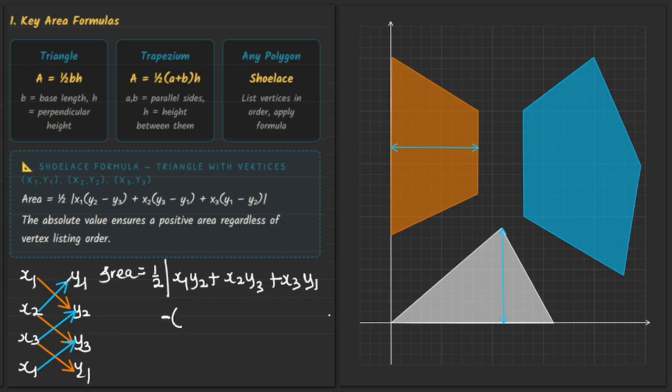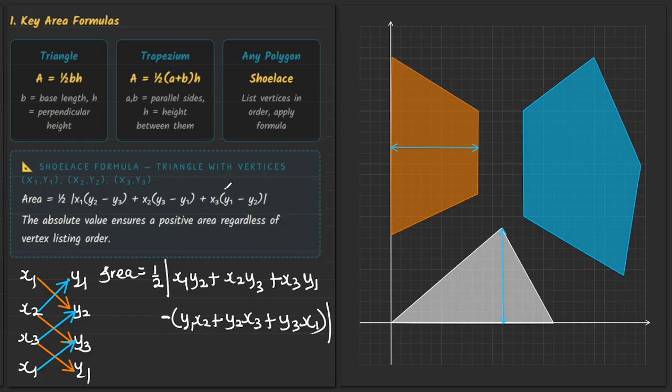To be consistent, we'll use y1 times x2, plus y2 times x3, then plus y3 times x1. You see, that is all. This is what we call the shoelace formula. This is the formula in its base form.